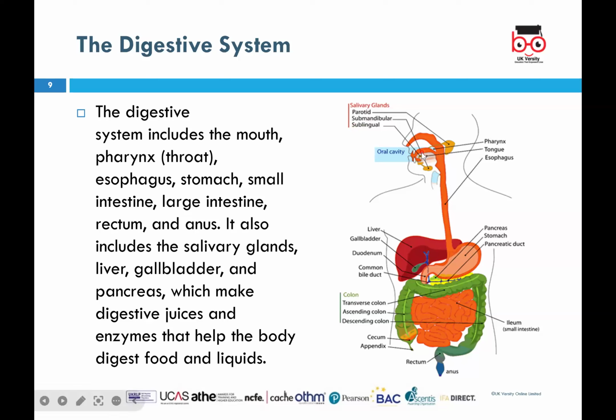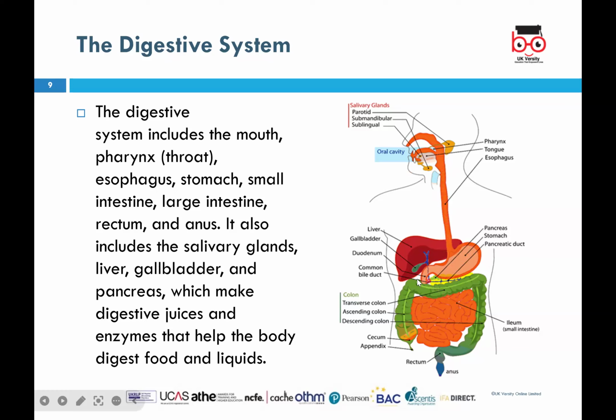You start from the mouth, the oral cavity. The pharynx, also called the throat. After the pharynx, you have the esophagus, which is a tube-like structure that opens into the stomach.